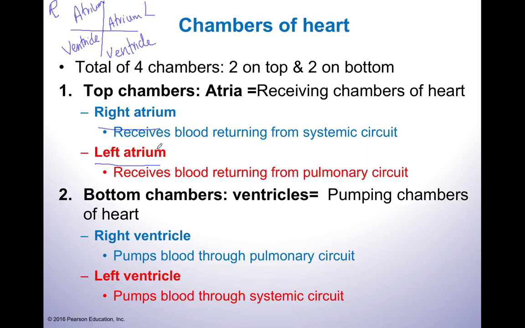Again, remember, the right side is deoxygenated blood, so it's blood that needs to go to the lungs to be oxygenated. The left atrium is receiving blood that is coming from the lungs that has been oxygenated, basically returning blood from the pulmonary circuit. Now, what is the function of the top chambers of the heart? Their function is to receive blood into the heart.